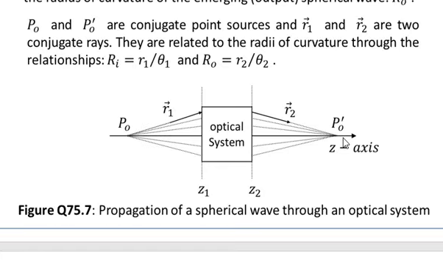That's why we call them conjugate point sources, and the rays respectively will be regarded as conjugate rays. They are related to the radii of curvature through the relationship that Ri is equal to, for example, if you apply the tan of theta 1 to the triangle on the left hand side of the optical system, you will get tan of theta 1 is equal to R1 over Ri.